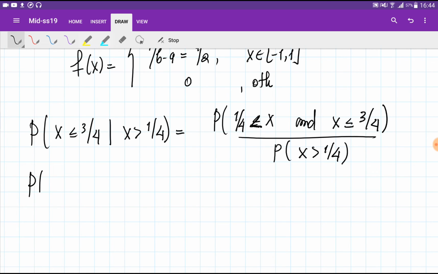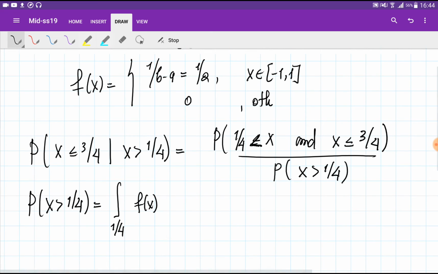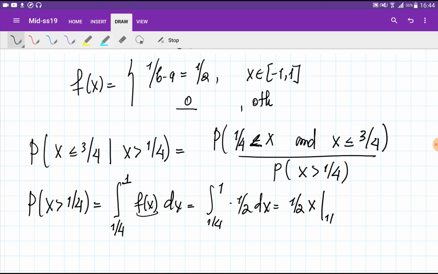So the probability that x is more than 1 over 4 is equal to the integration of the density function in this interval, right? This interval is from 1 over 4 until infinity, but since the density function is equal to 0 for all the regions where x is more than 1, it's enough to integrate this until 1 only. So this is equal to the integration from 1 over 4 to 1 of f of x, which is 1 over 2, dx, right? So this will be 1 over 2 x, between 1 over 4 and 1.